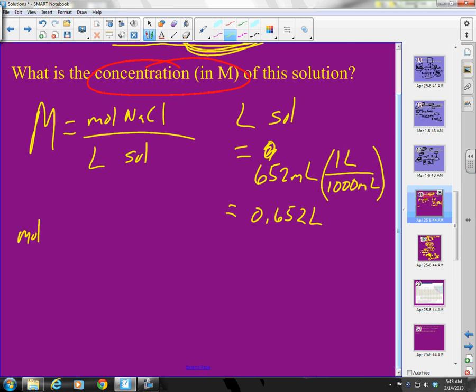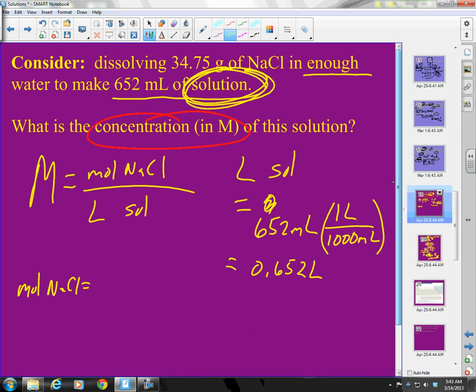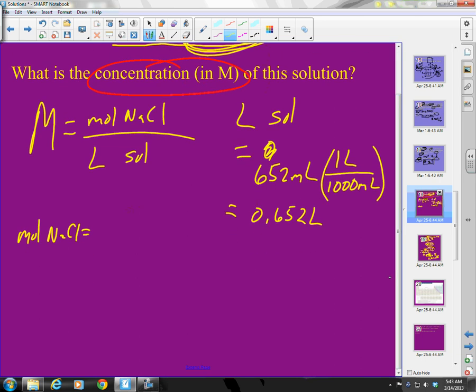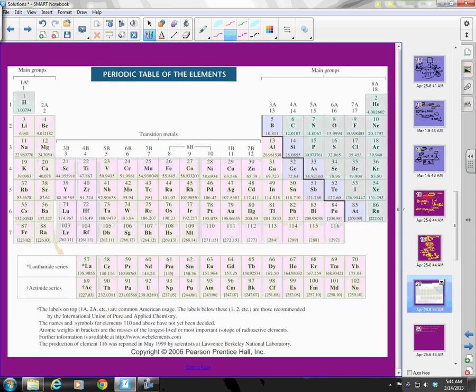Well, my moles of sodium chloride are equal to 34.75 grams of sodium chloride times 1 mole of sodium chloride per, what do I need? I need my periodic table. Where is sodium?